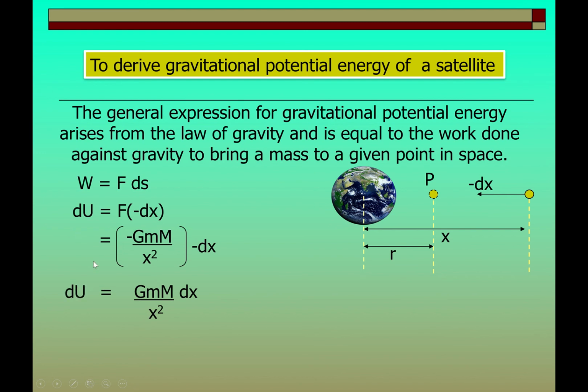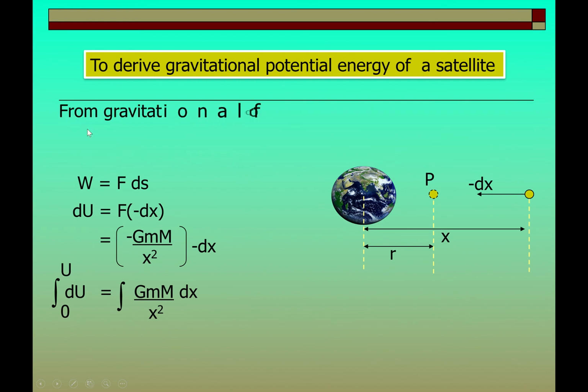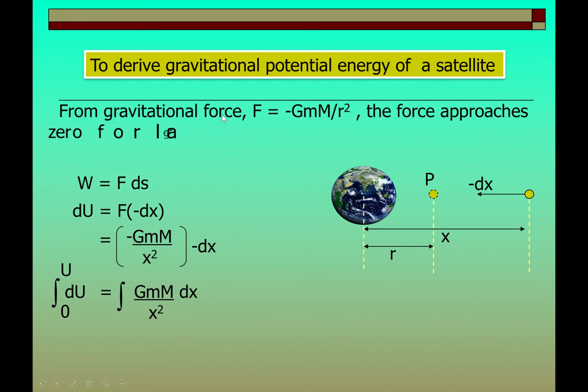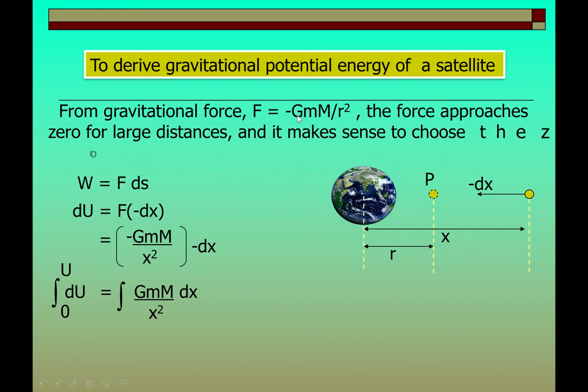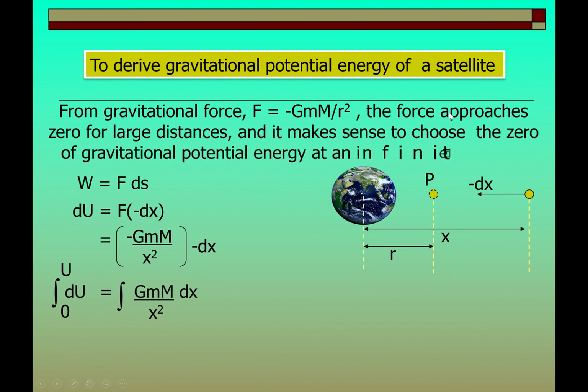Then we take the integral of both sides, and the distance is from infinity. So from the gravitational force, F equals negative GMm per r squared. The force approaches zero for large distances, and it makes sense to choose the zero of gravitational potential energy at an infinite distance away.